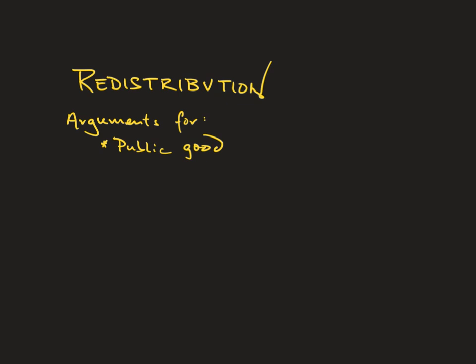So, reducing inequality would reduce the need for theft as well as remove some of the gains from theft. Okay, there's one argument. There are other reasons why equality is a public good. It just makes everyone happier.